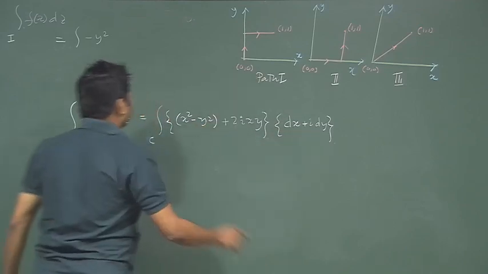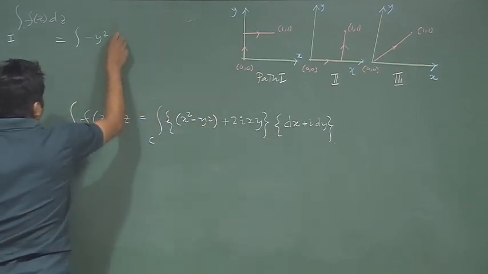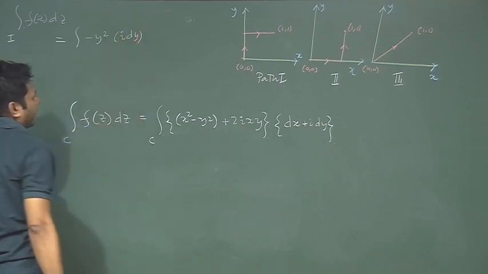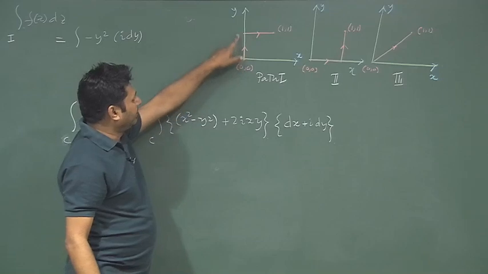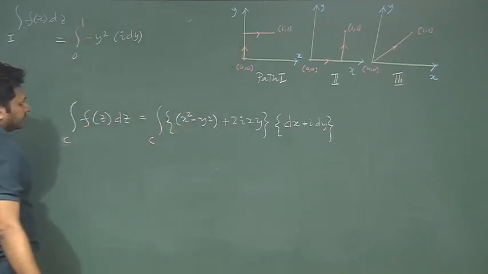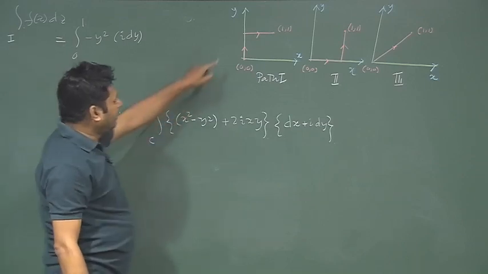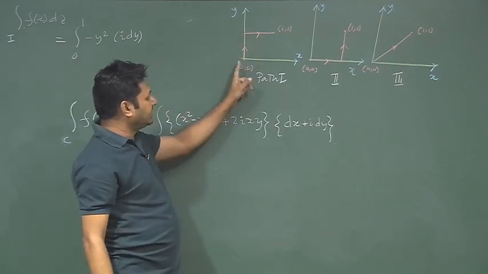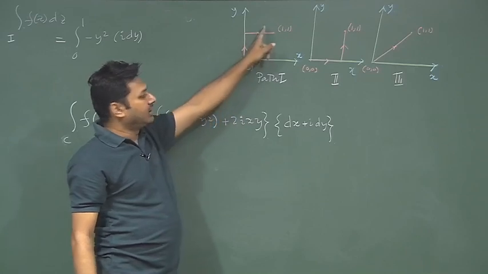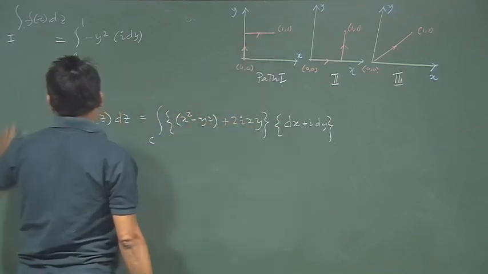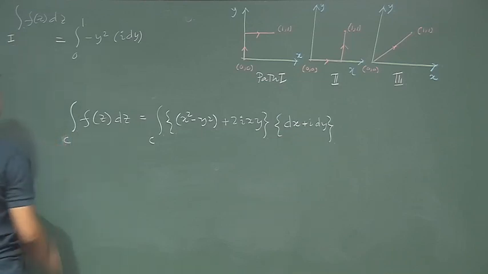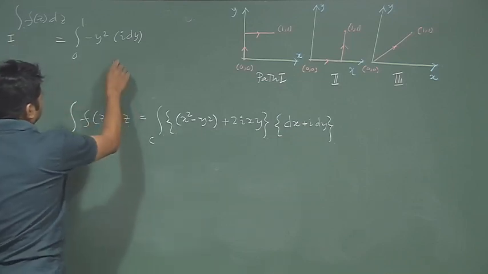So, the only thing I have is I dy. The limit from here to here is 0 to 1. Next I will go from here to here. I just divide this entire path C into two parts, C1 and C2, that is all.